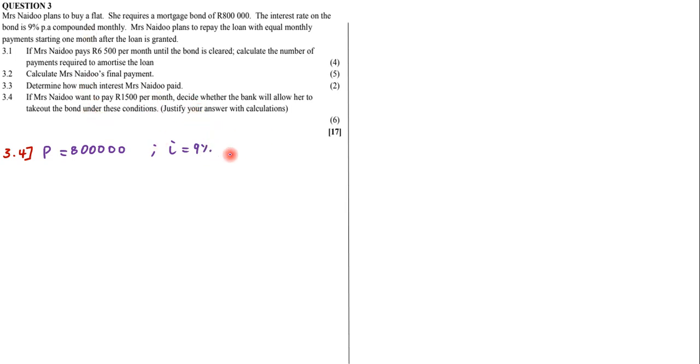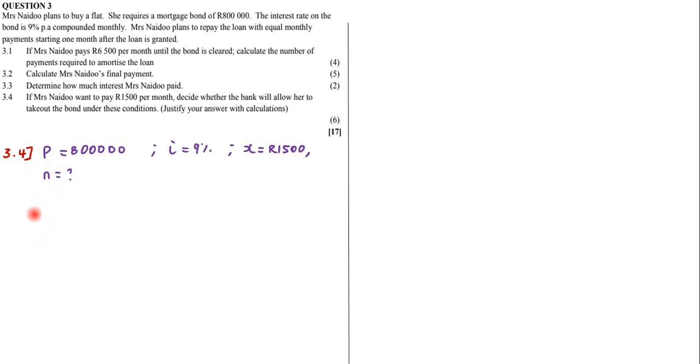Basically the question is asking, if Mrs. Naidu decides that she wants to pay this amount, do you think the bank will allow her to take the loan, given that she'll be paying this amount back to the bank? In order for us to do this, we'll have to understand what the value for n is, and from there we will see whether we think the bank will allow it or not. Okay, so let's go ahead and calculate our value here.